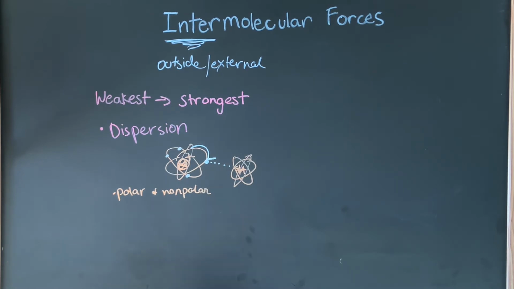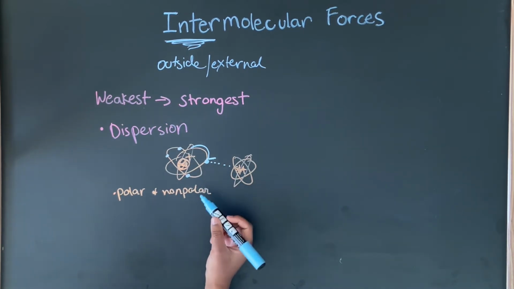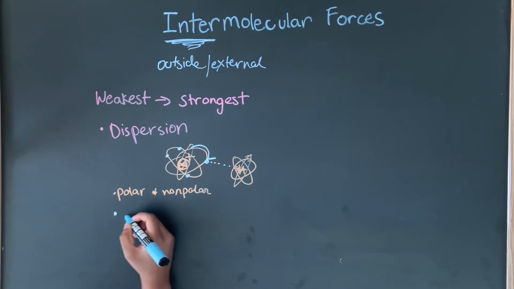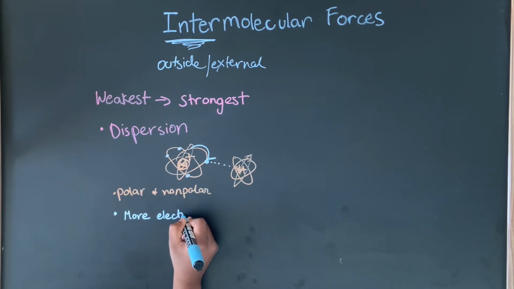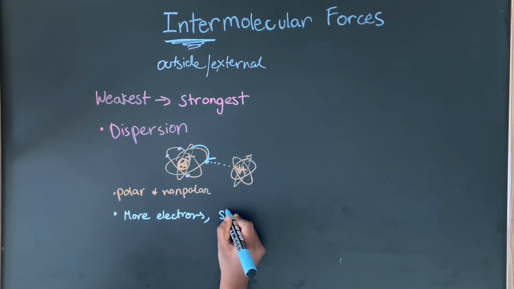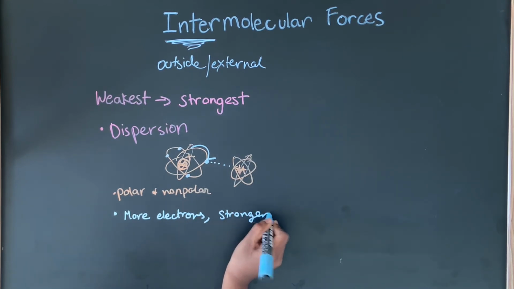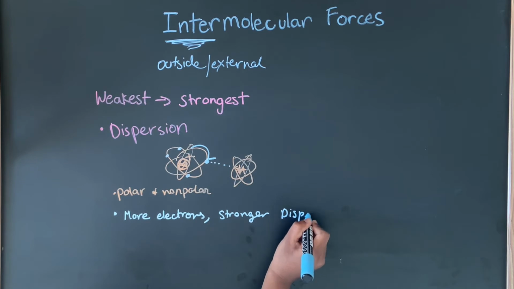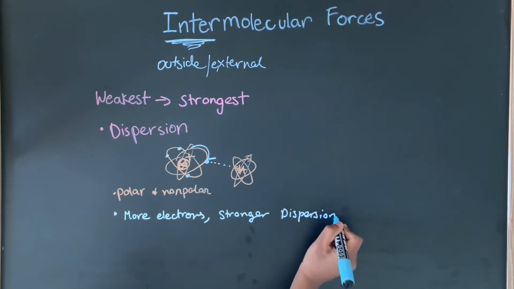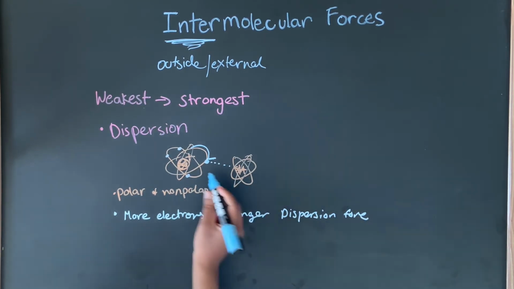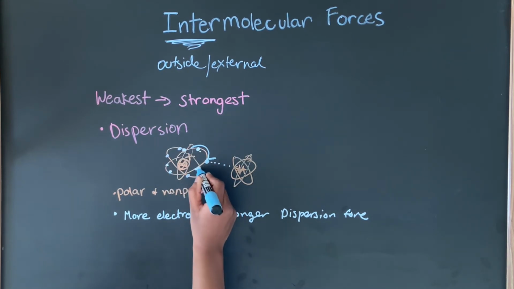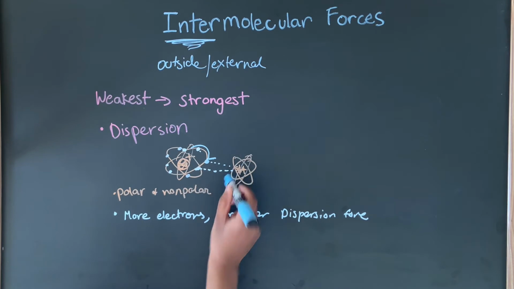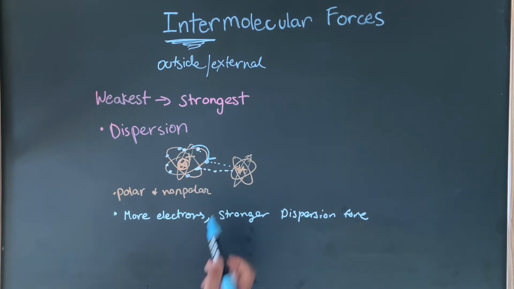Now, since the attraction is between electrons and protons, another thing to consider is that the more electrons there are, the stronger the dispersion force. With more electrons being present in the atom, it's more likely to be attracted to the nucleus of the other atom.